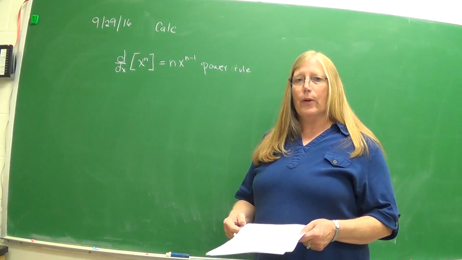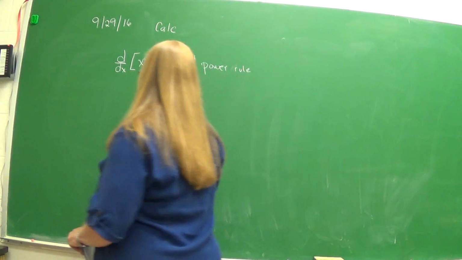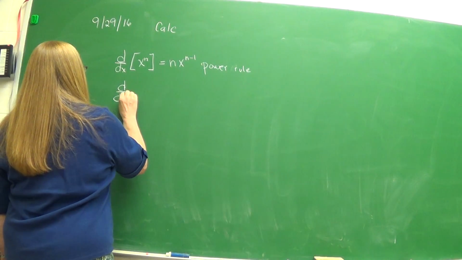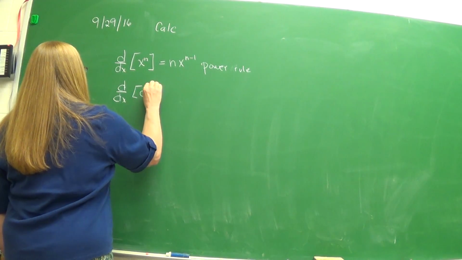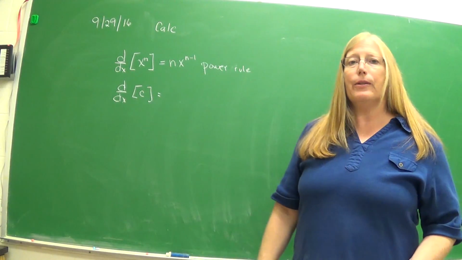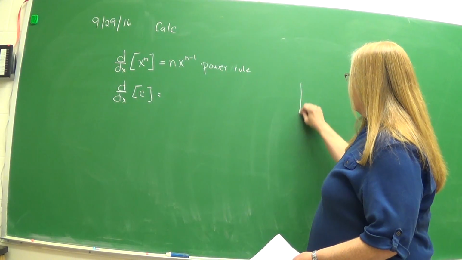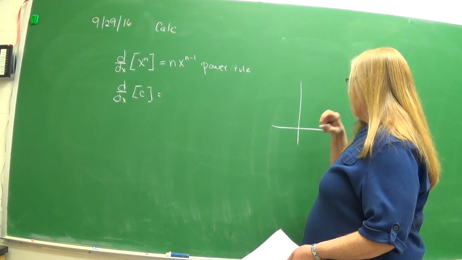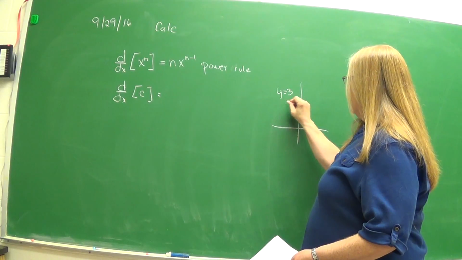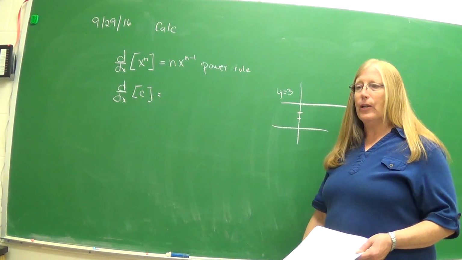Does the power rule work for a constant? Suppose we're trying to take the derivative of a constant. Well, I know what I expect the answer to be, because if we have y equals some number c, such as 3, we have a straight line.